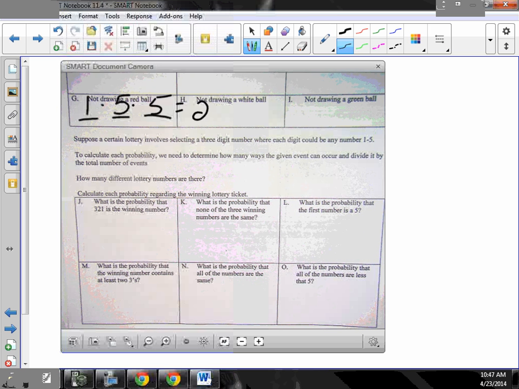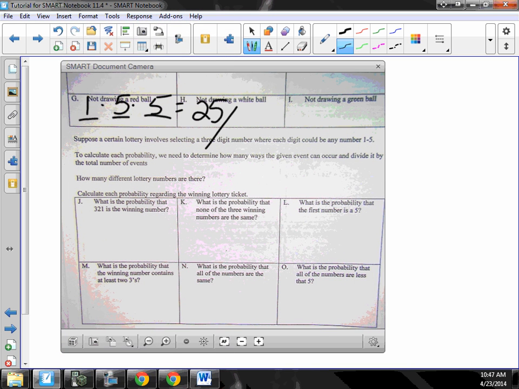So that would be 25. Well, what is 25 over 125? 0.2, which is 1/5. Did anybody see an easier way to do that? An easier way to get 1/5? Well, I mean, without doing any of this stuff.